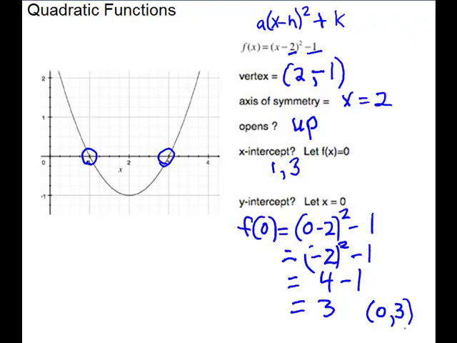All right, I said I would come back to this one. The x-intercept, you have to let the y equal 0. And this is the one that can cause more work.